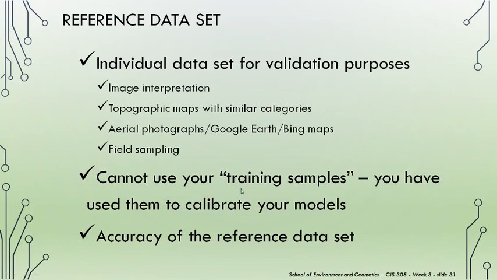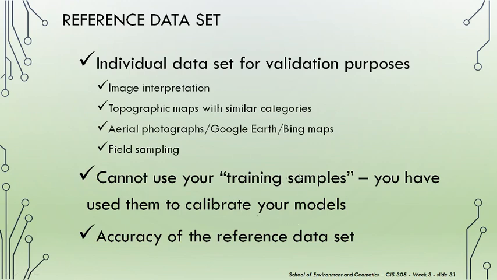So, an important point here, very important, is you cannot use your training samples. The training samples that you've supplied to the algorithm will have been used to calibrate your classification models. So if you use some of your training samples as reference samples, you're going to have an artificially high accuracy because you're using as reference data the data that was used to train your model.